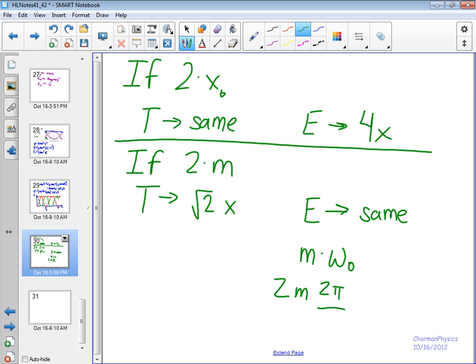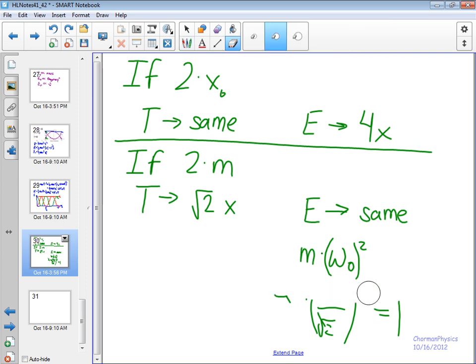If we double the mass, and remember omega is the same as 2 pi over T, and we increase T by the square root of 2, and this whole thing is squared, the square root of 2 in the denominator being squared is going to cancel out the 2 there. So the overall factor by which it's increased is just 1. So do the math there. You'll see it works out that because the period is in the denominator of omega, the effect cancels out.